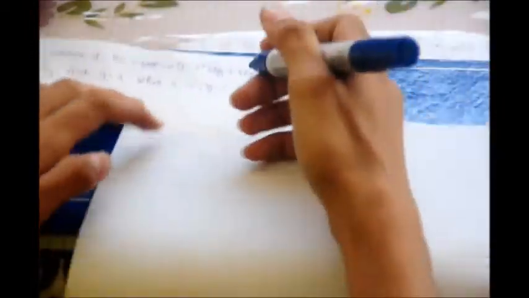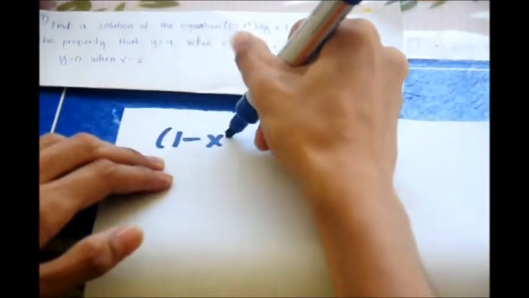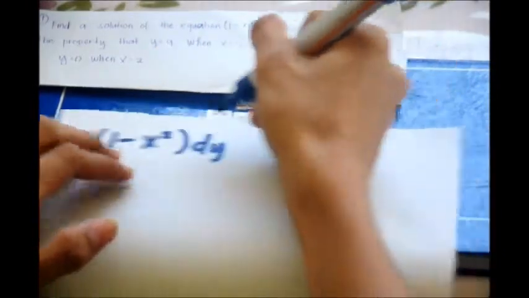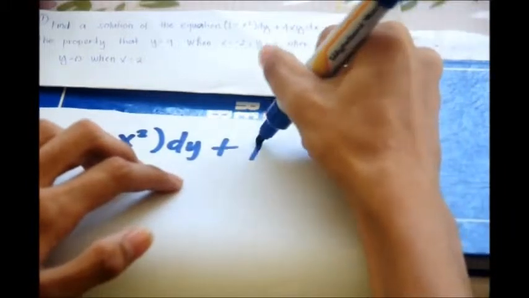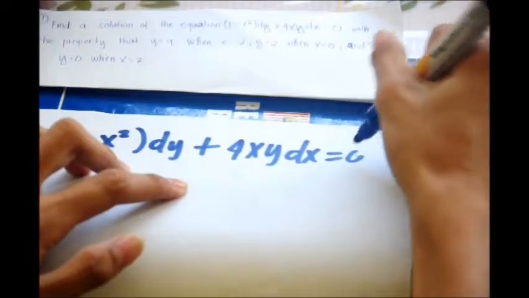So, we must first write the equation, which is (y minus x squared) dy plus 4xy dx equals 0.